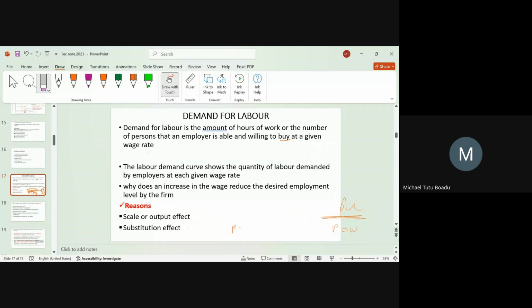So increase in wage rate, let's come to the side of humans.